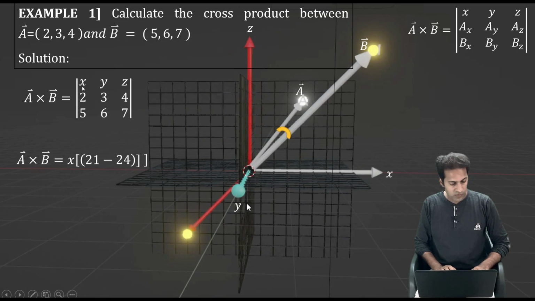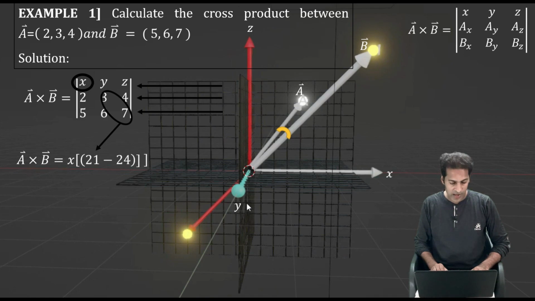For solving this, first we will consider the x axis. For x, we have to take the cross product of the remaining two coordinate components, the y and z components, as shown in the figure. 3 into 7 becomes 21.